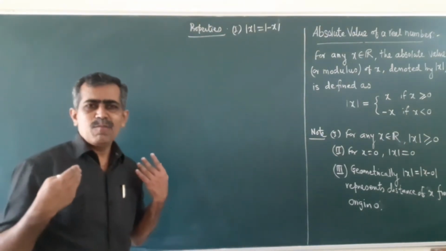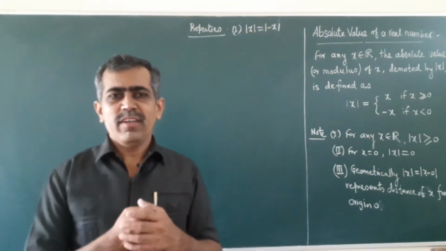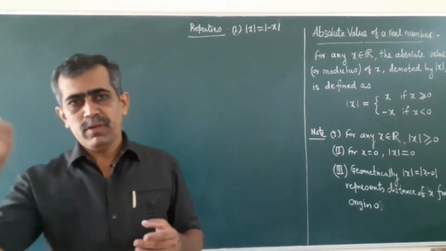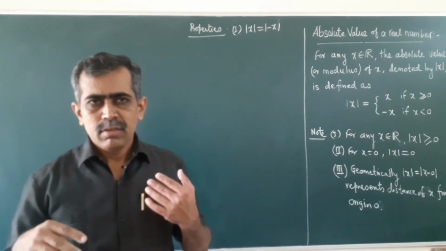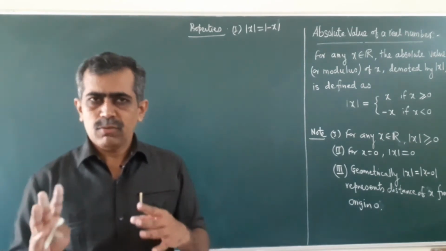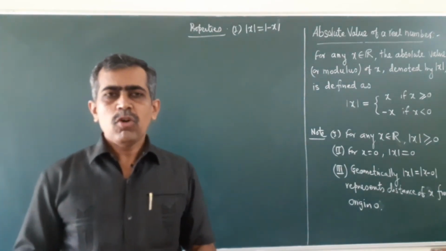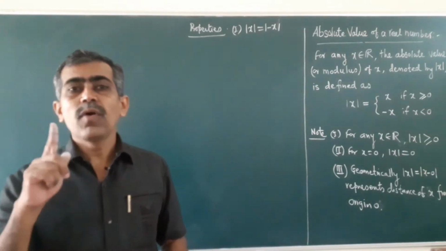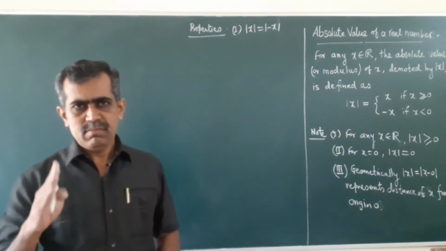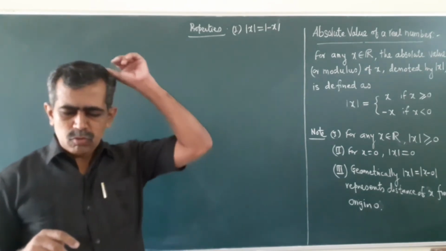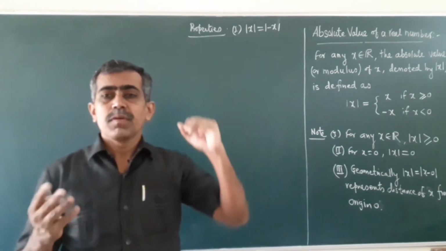When I say mod of minus 5, in your school days you learned that mod of minus 5 is 5, because it was told in the class. If the number is positive, then its modulus, in Marathi, is called keval mulya.